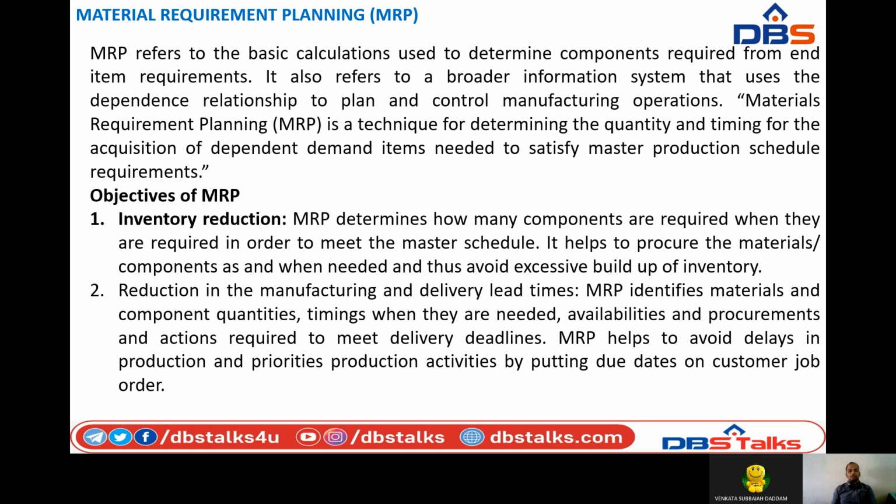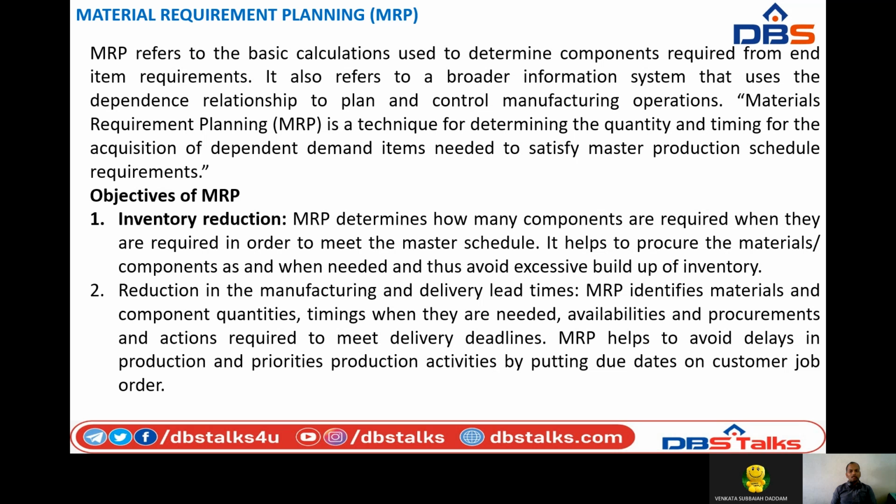It also refers to the information system that uses dependent relations to plan and control manufacturing operations. So what are the dependent items for the production, those all come under the MRP only.